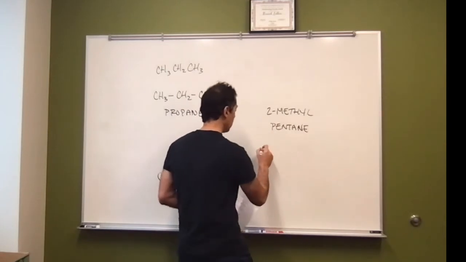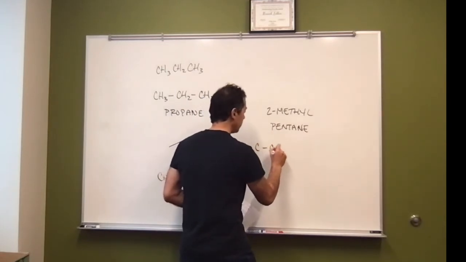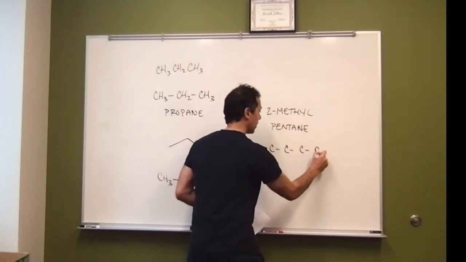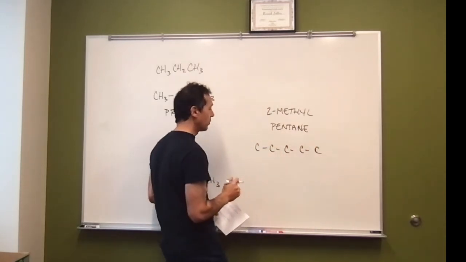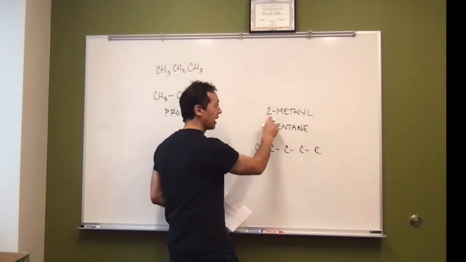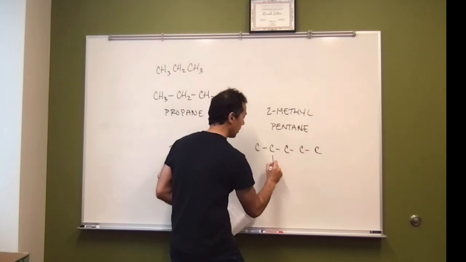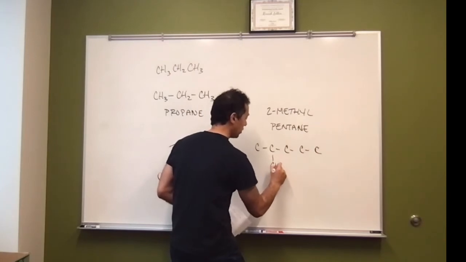So I would go 1, 2, 3, 4, 5 carbon atoms, like this. And then off of the second carbon atom, there would be a methyl group. So 1, 2 would be a methyl group, like this, CH3.